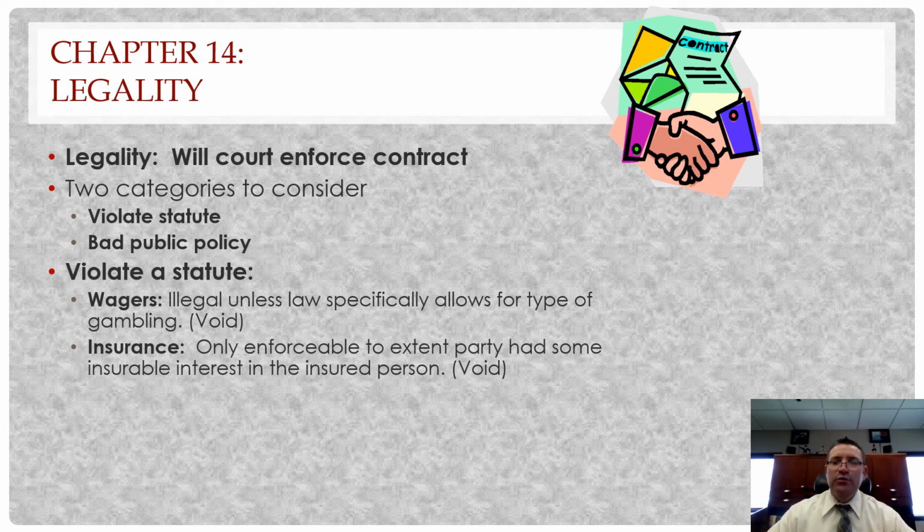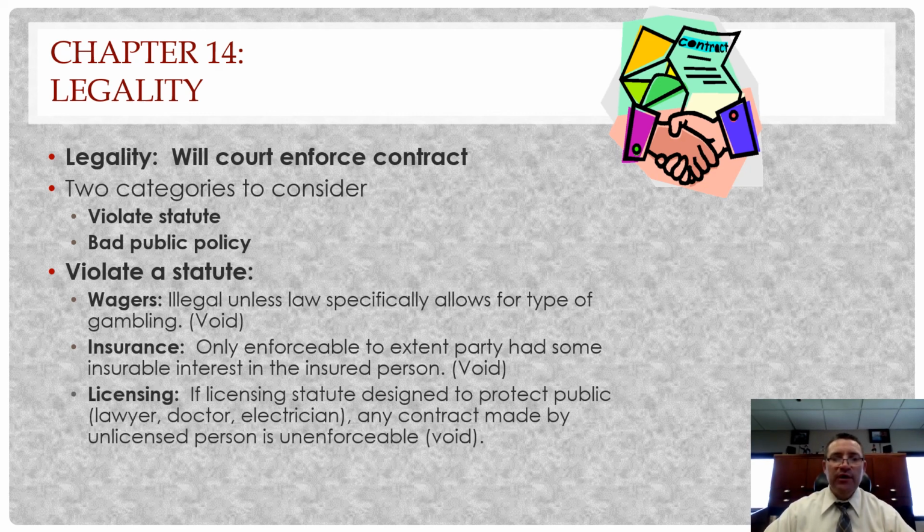The court's not going to enforce that life insurance policy or require you to buy one. It will require you to buy insurance that covers the bike if it were to be destroyed, to compensate them for the $5,000 you agreed to pay on that bike, but it's only enforceable to the extent the party had some insurable interest in that particular person. Otherwise, it's a void contract.